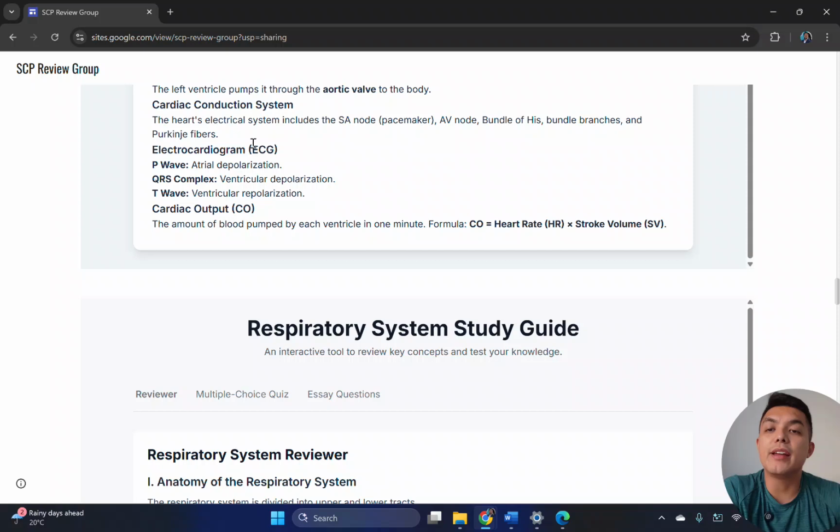And next is the cardiac conduction system. The heart's electrical system includes the SA node, which is the pacemaker of the heart. Next is the AV node. Next is the bundle of His, which has the bundle branches and the Purkinje fibers.